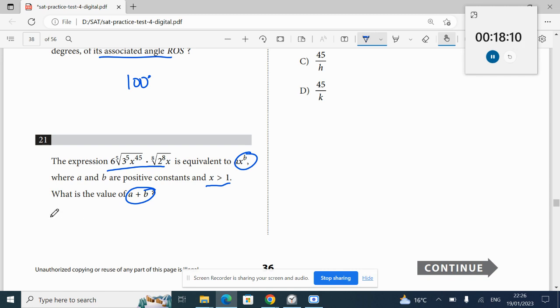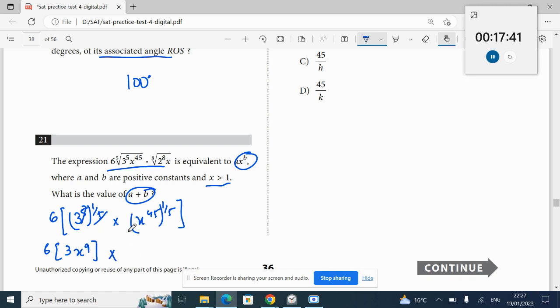Okay, let's dig in. So we know that this is the fifth root. We're going to give each one the power of 1 upon 5, right? x to the 45, giving it a power of 1 upon 5. The 5 and 5 are going to get cancelled. 45 divided by 5 is going to be 9. So this is going to be x to the 9.